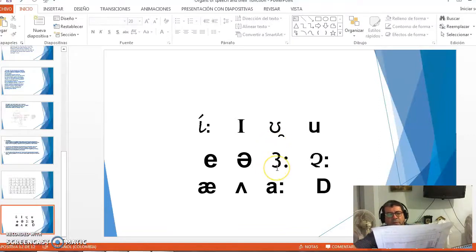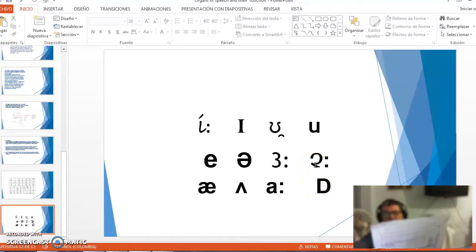As in turn, the mouth is half open, and the sound comes from the middle part of the mouth. As in arm, the mouth is open, and the sound comes from the back of the mouth. Oo, as in shoe, the mouth is narrow, and the sound comes from the front part of the mouth.